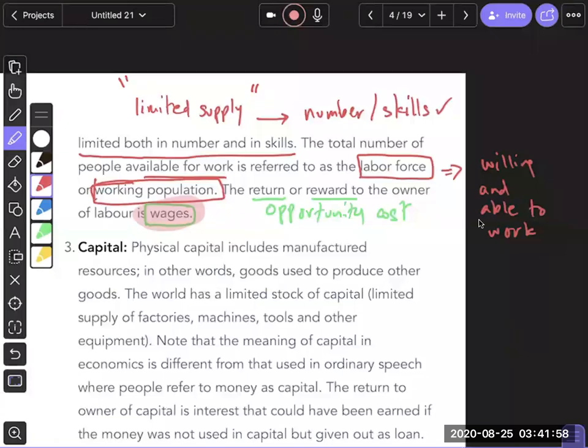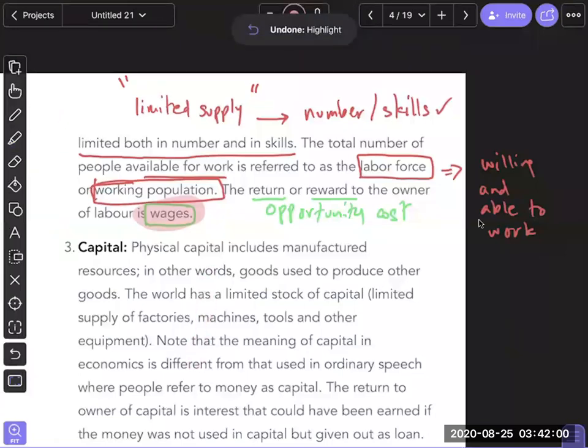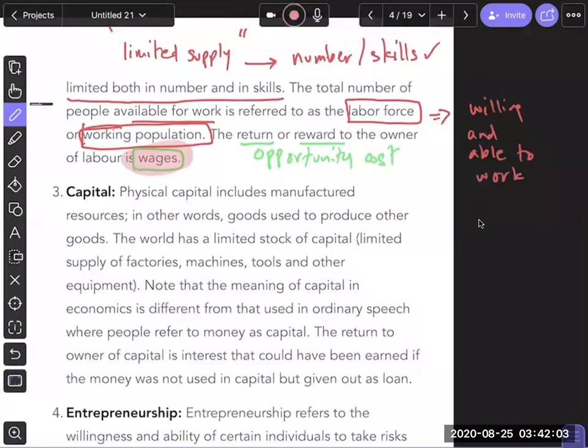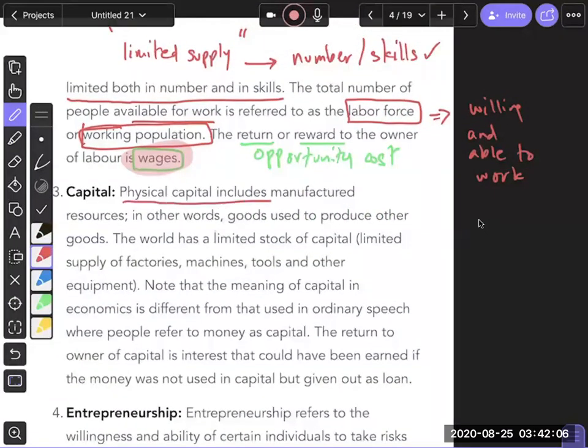This brings us to the next thing, which is capital. We say capital is man-made aid to production. In other words, we use capital to make other goods and services, and it could be factories, machines, or laptops.